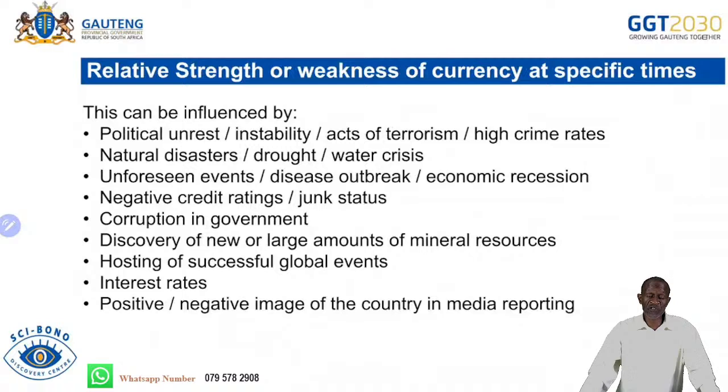A high rate of crime, places where the crime rate is high will not attract potential tourists because they are scared to be mugged, to be robbed of their belongings. So the high crime rate will chase away tourists that would want to visit the country.